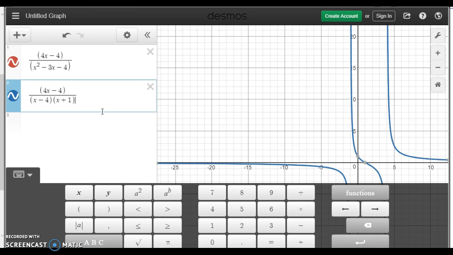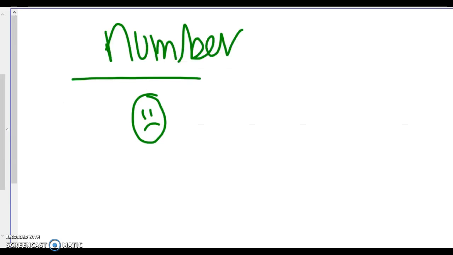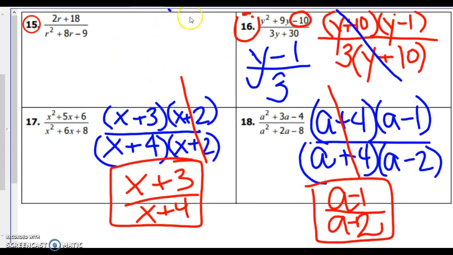So now you have an asymptote when x is +4 because 4 minus 4 equals 0, or at -1 because if x is -1, -1 plus 1 makes 0, and that just is not going to work for us. All right? So I'm going to close this down. Let's go back in and look at some of our examples.